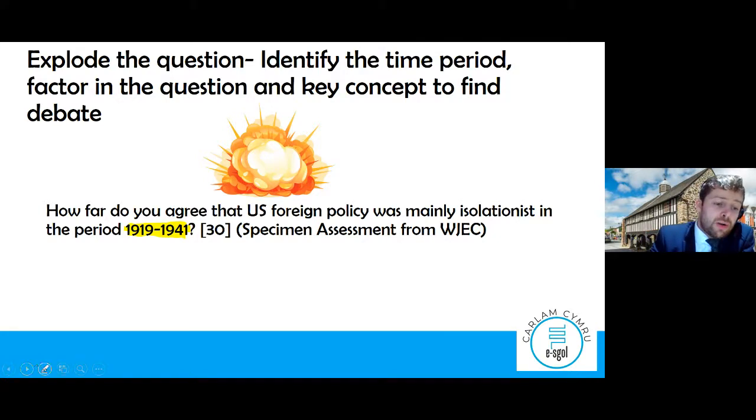So if that's our time period, what is going to be our factor in the question? Well, our factor in the question is US foreign policy. We are specifically talking about US foreign policy. Now, this question is written maybe slightly differently to some that you might see. If it was "to what extent was John Foster Dulles the most significant individual in US foreign policy between 1890 and 1990", then your factor is John Foster Dulles, and you talk about more than just John Foster Dulles.